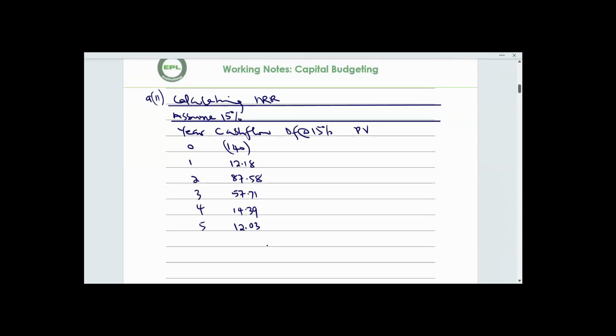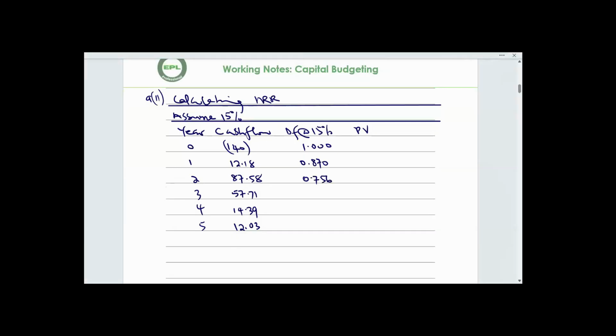So we discount this at 15%. Year 1 is 0.870. Then 1.15 raised to power 2 minus, year 2 discount factor is 0.756.